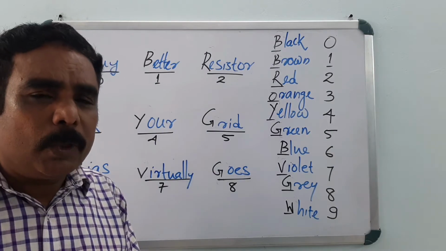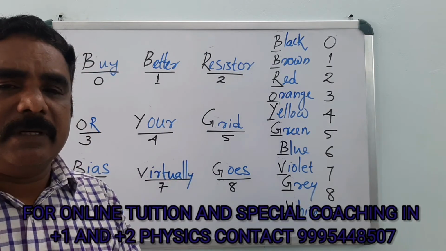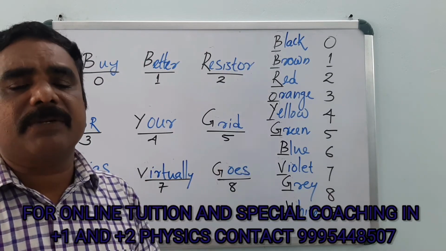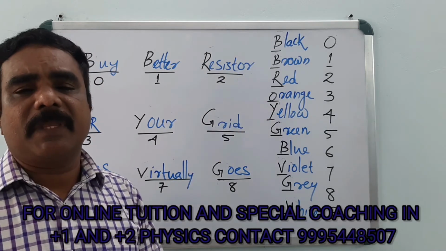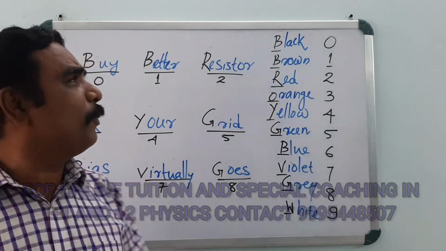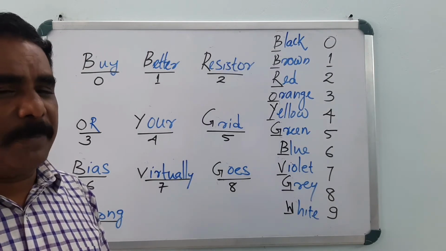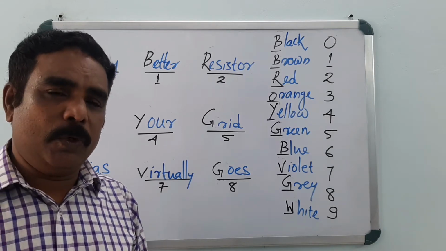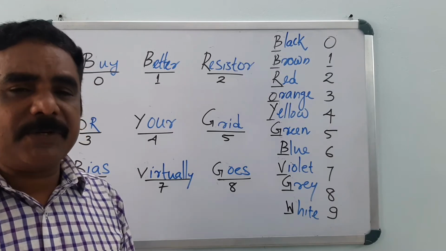Now, there are certain letters that repeat. The first one is B. First B for black, second B for brown, the third B is for blue. Similarly, the letter G repeats.